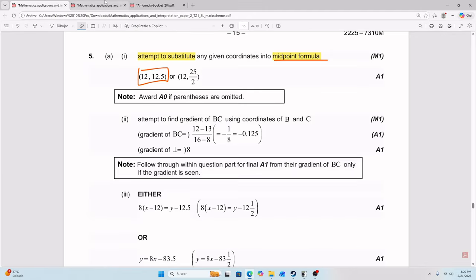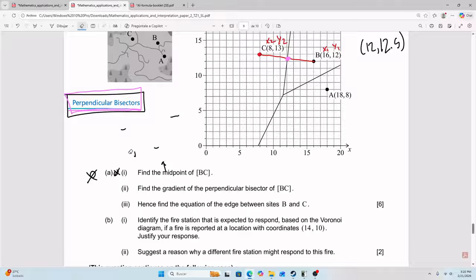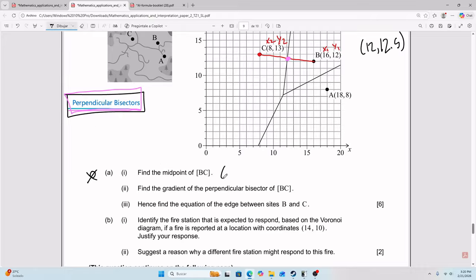Not every single exercise will have it, or the formula booklet will save you, but I would say that like 70% of the test is just handling the formula booklet. Anyways, so the midpoint for part A1 ends up being 12, 12.5.